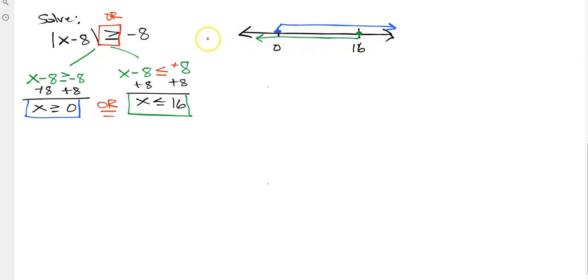So this green graph is going out to negative infinity, and the blue graph is going out to positive infinity. So basically, between the green graph and the blue graph, everything on the number line is going to be covered. So that means all real numbers are our solutions on this.